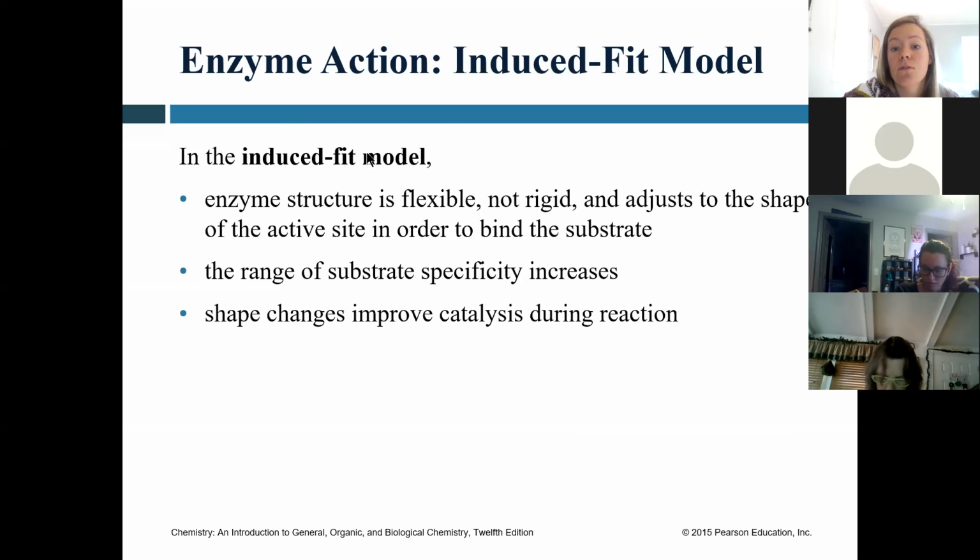But if we have this induced fit, the enzyme can adjust a little bit to fit a sucrose that is a little too big or a little too small, or something is slightly off, and it can still use it. So the range of substrate specificity increases. This sort of induced fit increases its catalytic capacity. It's better for reactions.